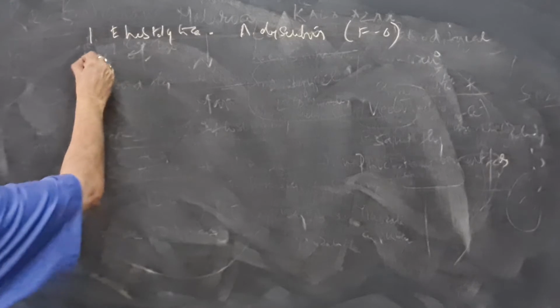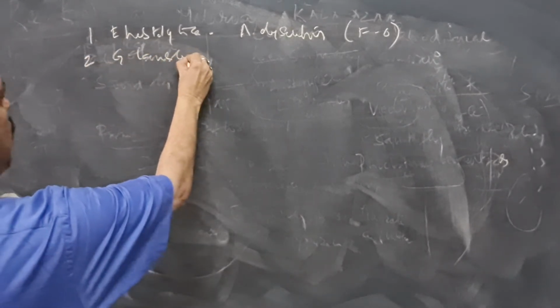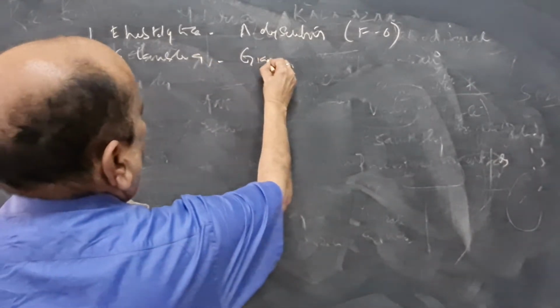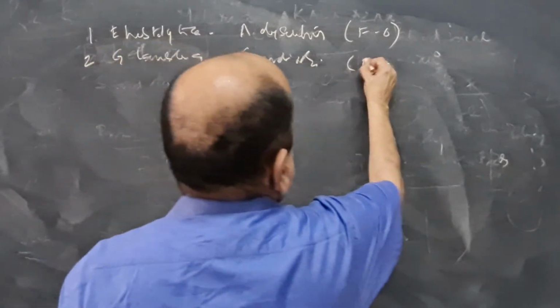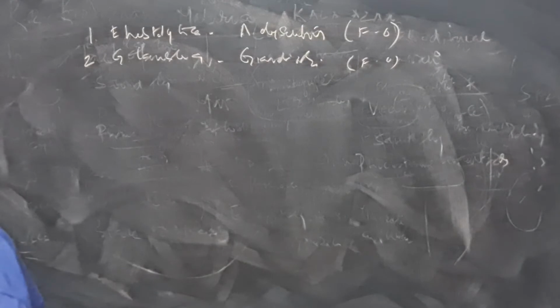The second is Giardia lamblia. It gives rise to giardiasis. Again, it is feco-oral route, and the infective form is the cyst.